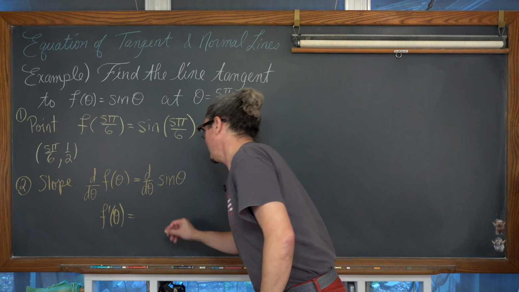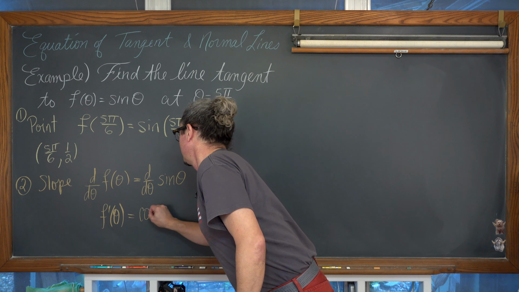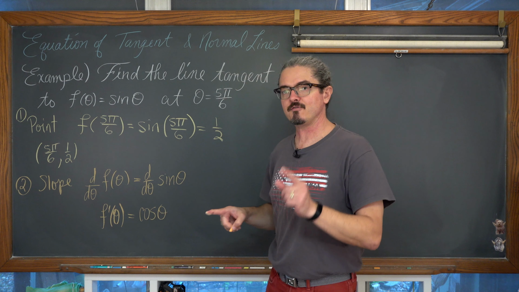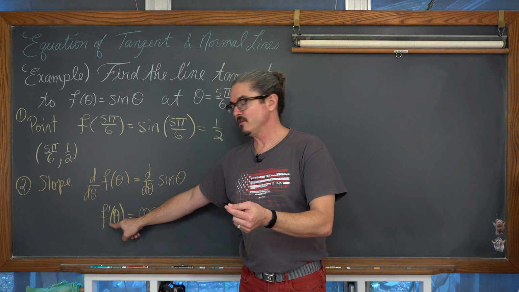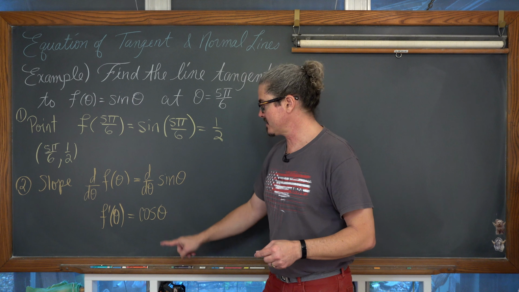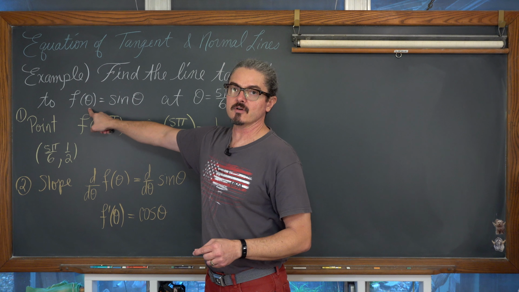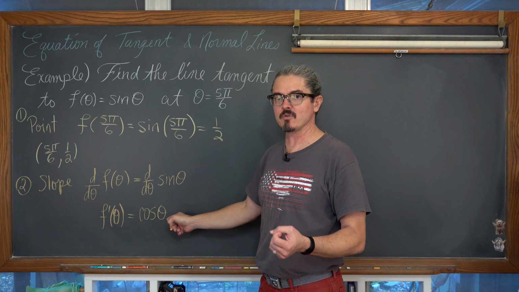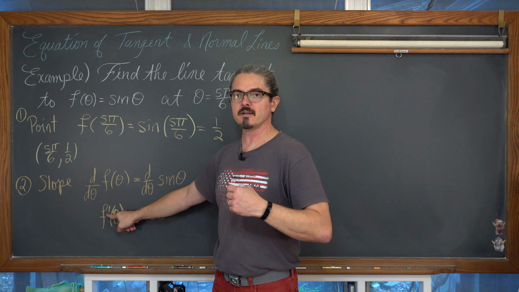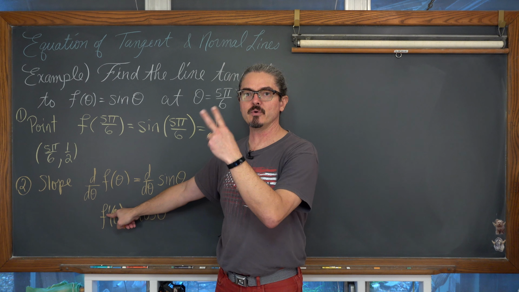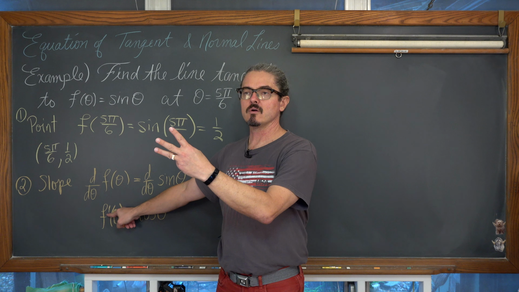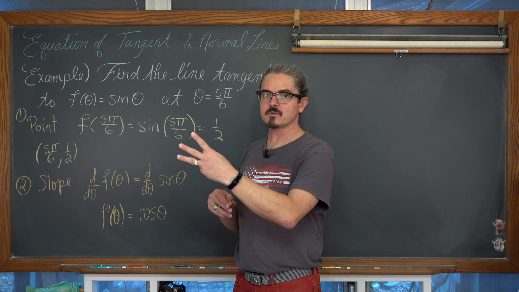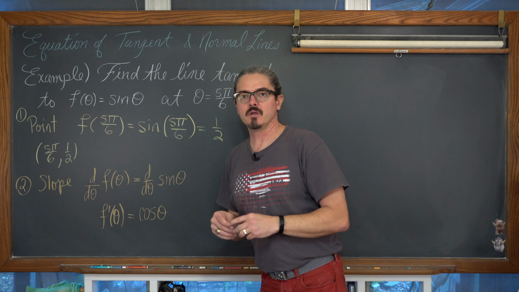We haven't even learned that yet, maybe, but we have the cosine of theta. So we now have a derivative function which is going to tell us the slope of our original function anywhere that we desire, as long as we remember that you cannot find a derivative at any type of discontinuity, a sharp bend, where the original function maybe goes vertical, or the endpoint of a closed interval.